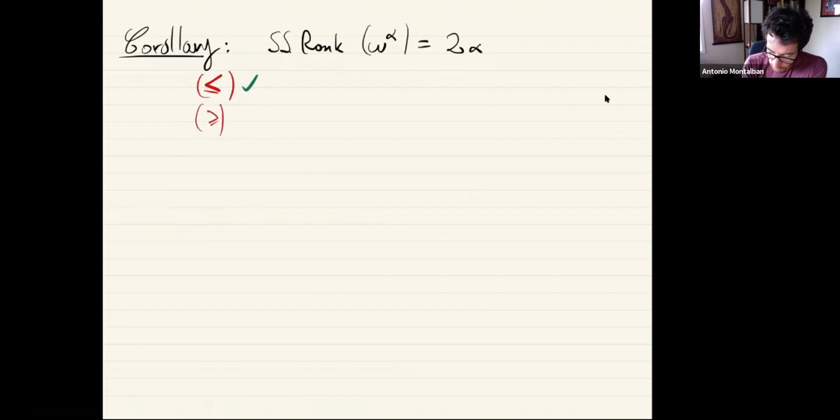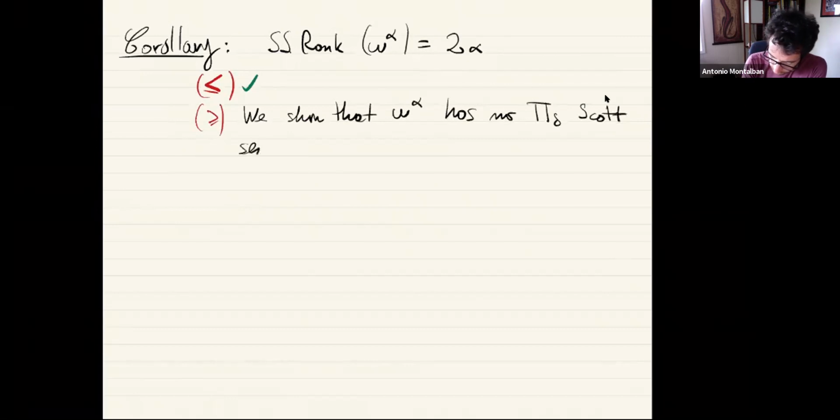We want to show that omega to the alpha has no pi delta Scott sentence for delta less than 2 alpha.